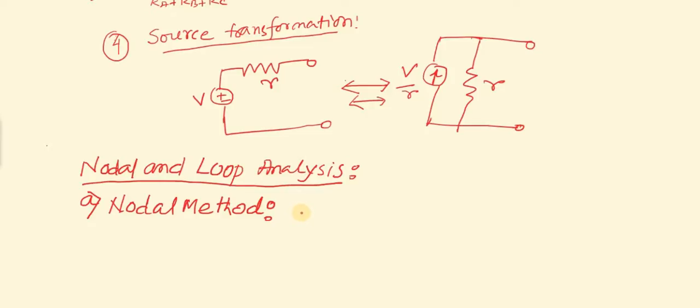circuit or network. Now the remaining non-reference nodes' voltages we have to find, and those remaining non-reference nodes have some unknown voltages. So to solve the network equations by the nodal method, we need to follow a certain procedure or steps.